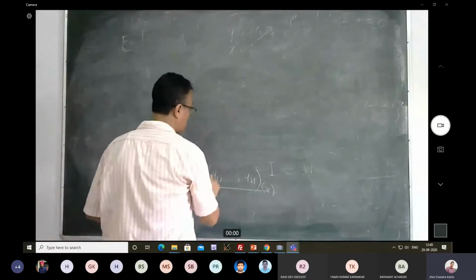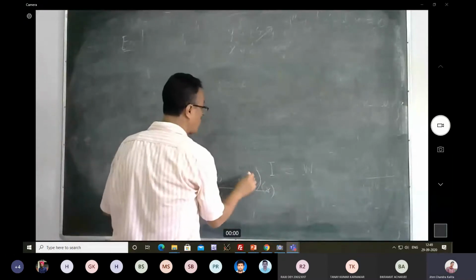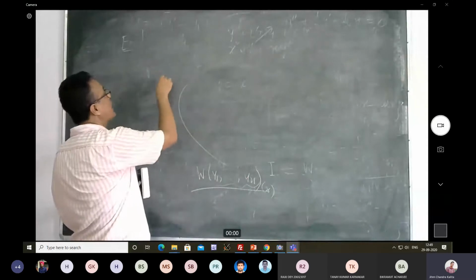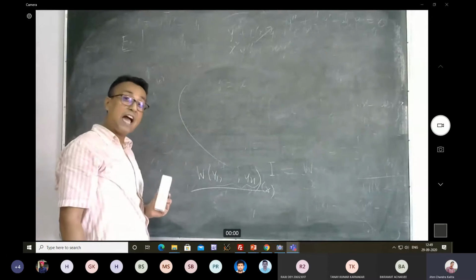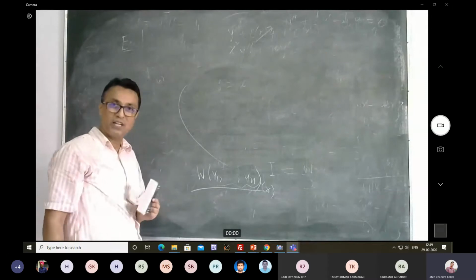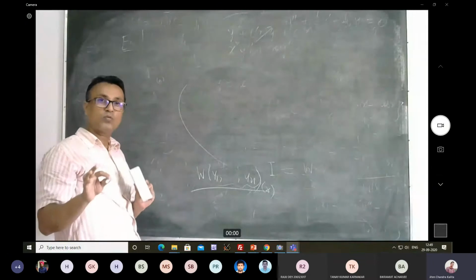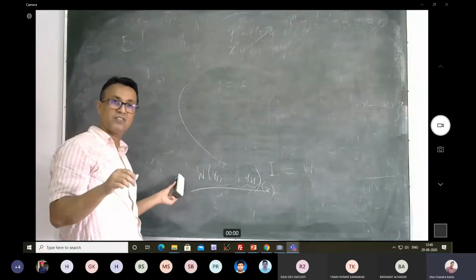But when you consider these functions, y1 up to yn, coming from the solution of an nth order differential equation, and if they are linearly independent, then see what happens. Then the Wronskian is non-zero.